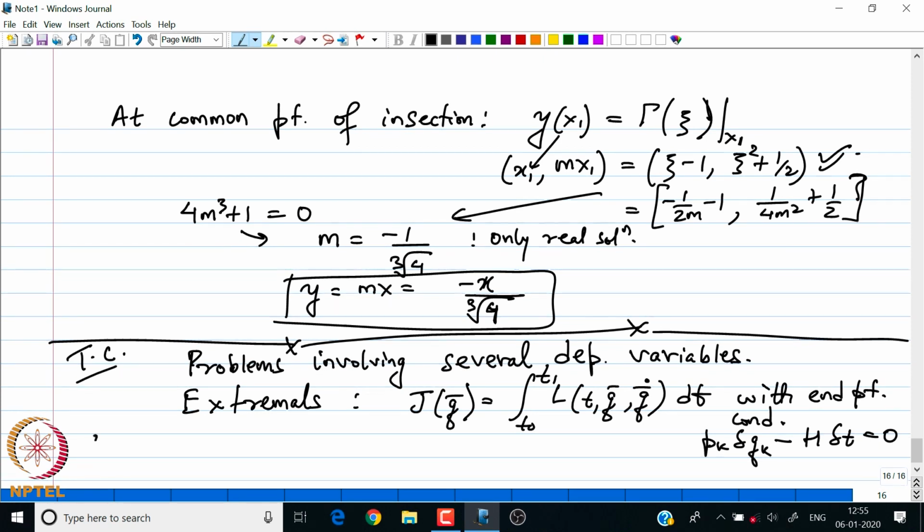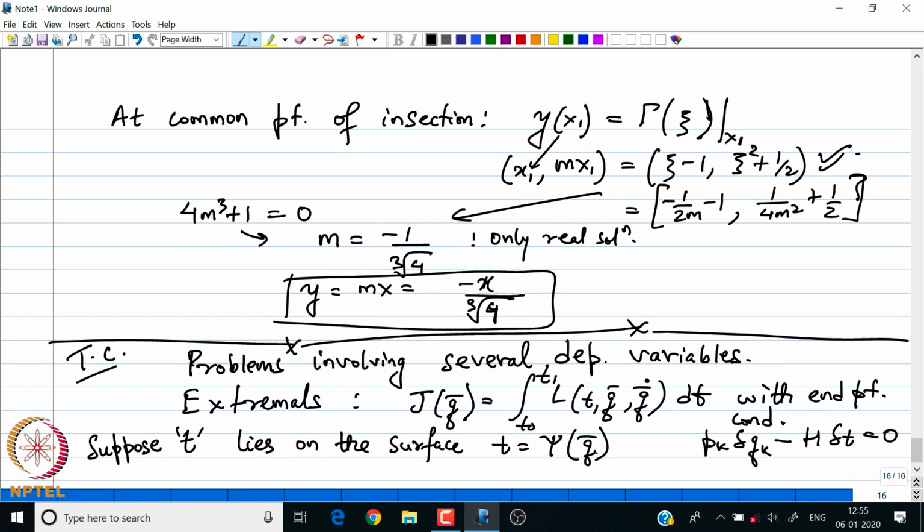Suppose t, my free or independent variable, lies on a surface, because now there are multiple dependent variables. So we have the surface given by t equal to psi of q bar.